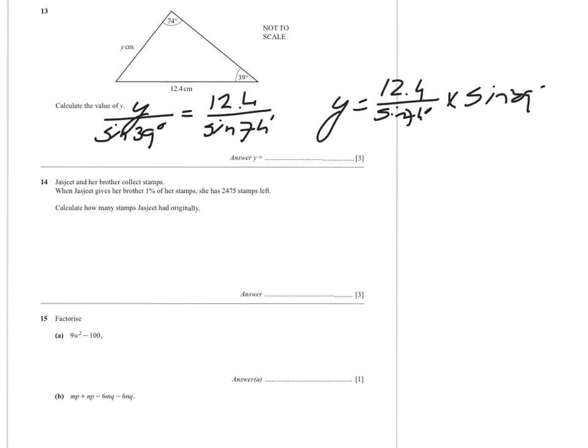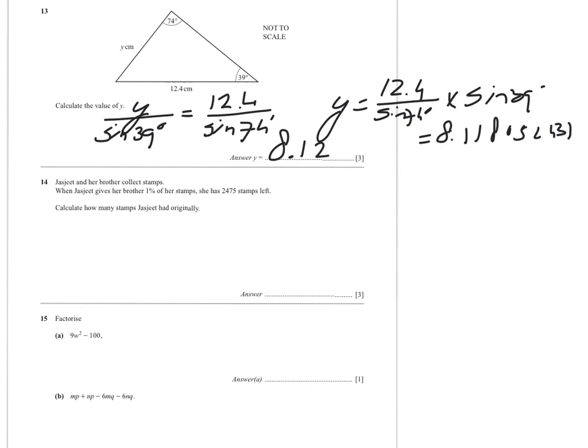Make sure your calculator is set to degrees, by the way, equals, times the sine of 39, equals. Write down all the decimals. And then you round to 3 significant figures. 8.12. Fantastic.